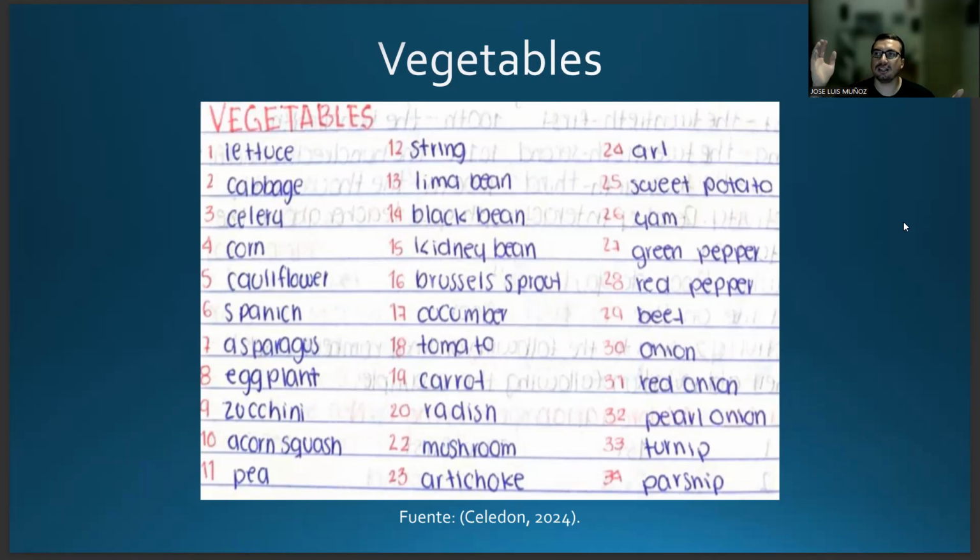We have radish, rábano. We have mushroom, like the champiñones. Then you have the green pepper, pimiento verde, red pepper, pimiento rojo, onion, cebollas, and this kind of information about the vegetables.